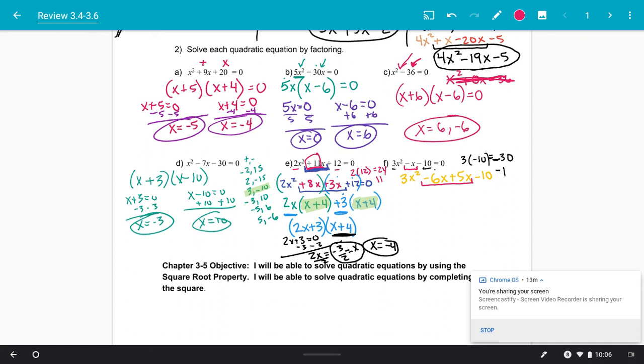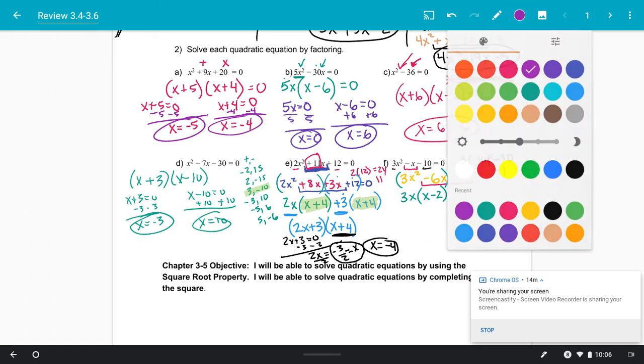And then negative 6 times 5 is negative 30. So then we look at this part and we pull out what those have in common. So we can pull out a 3 and an x, and we're left with just x minus 2. 3x squared divided by 3x is just x. Negative 6 divided by 3 is negative 2. x over x is 1.